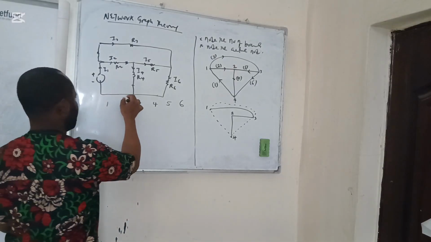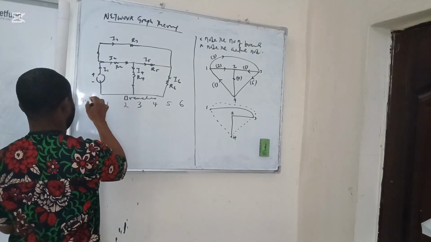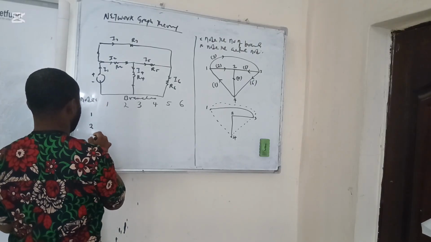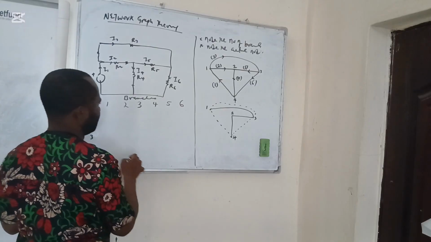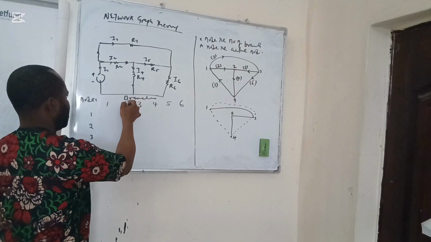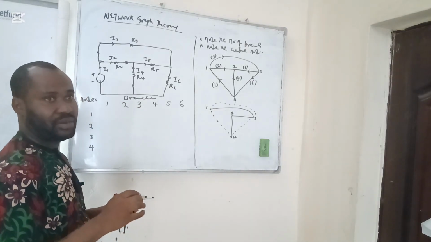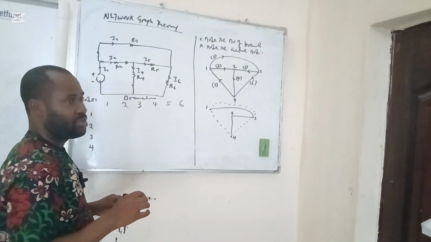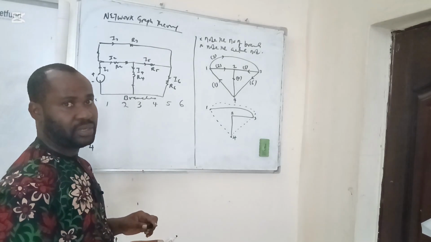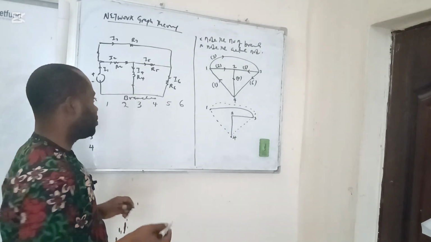So these are the branches. We also have nodes. Nodes we have 1, 2, 3, and also 4. So when the branch is moving towards a particular node, we have that to be -1. And when it's moving away from the node, that is 1. And when a particular branch is not involved with a given node, that is 0.